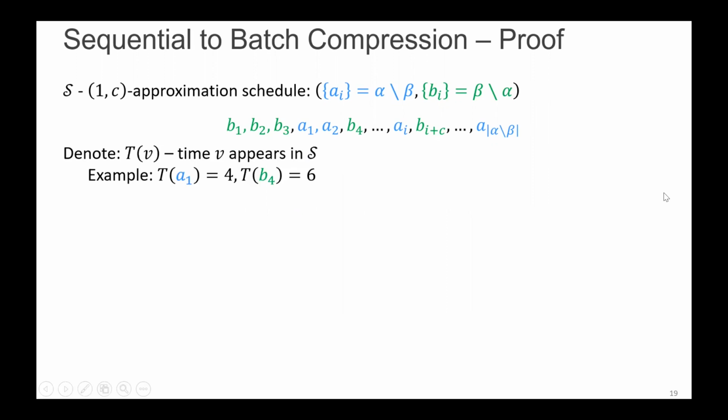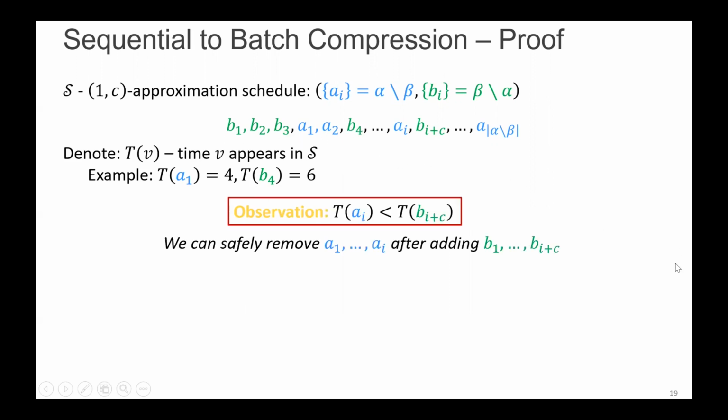This is different for the next definition, which is the time, or the slot, in the schedule at which a node appears. For example, the time when A1 appears in the schedule is 4 because it's the 4th element in the schedule, while the time of B4 is 6, it's the 6th element in the schedule.